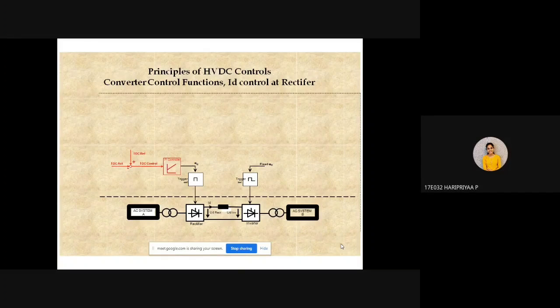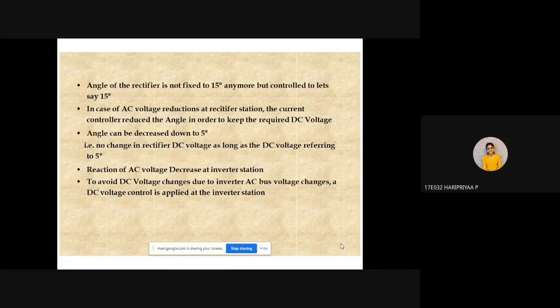This is the block diagram of the converter control functions at the rectifier. The angle of the rectifier is not fixed to 15 degree anymore, but controlled.